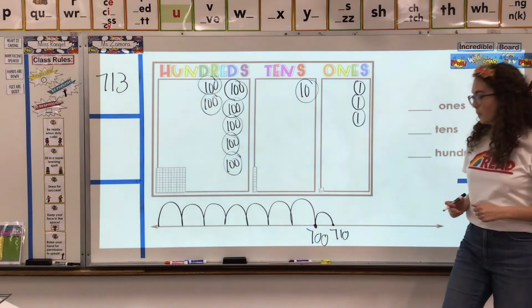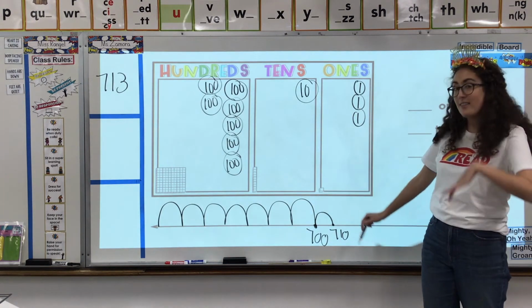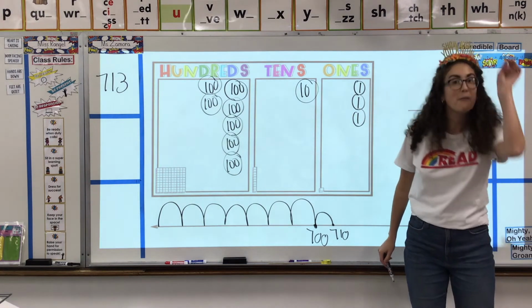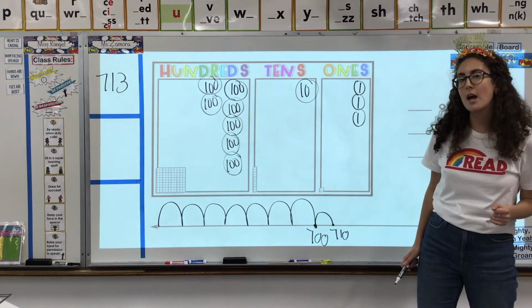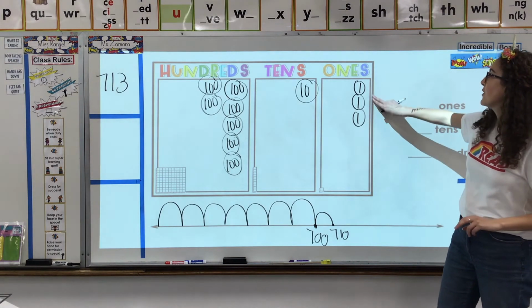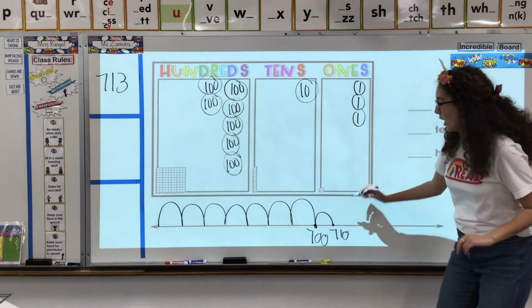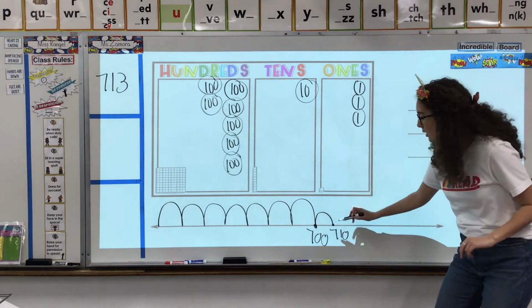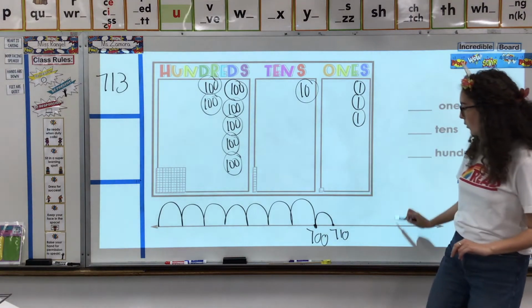Okay, what's last on our number line? We've got hundreds, tens, and then ones, of course. And how many ones are we going to jump? How many ones? 3 ones. Okay, are they going to be smaller or bigger than our tens?